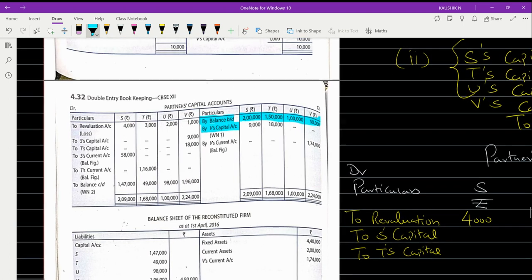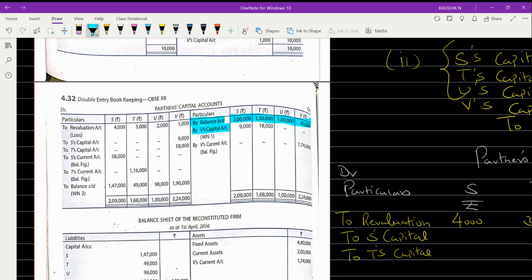Now come back to your debit side. Only one item we have recorded here, that is revaluation loss. This revaluation is nothing but referring to loss. So here to revaluation account, the value you have mentioned is 4321.